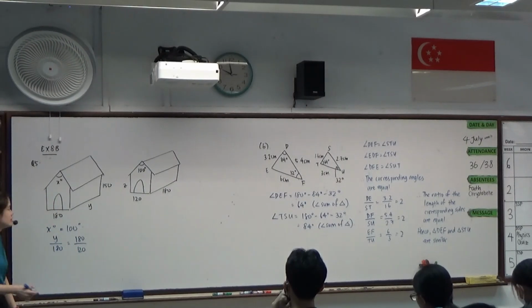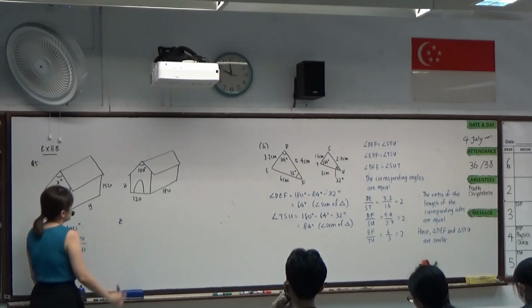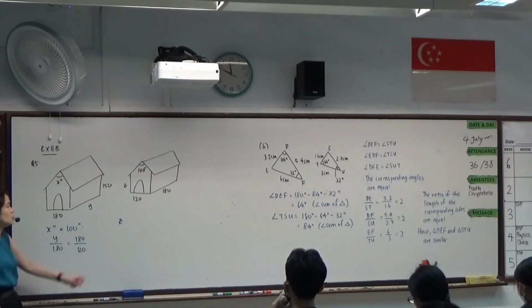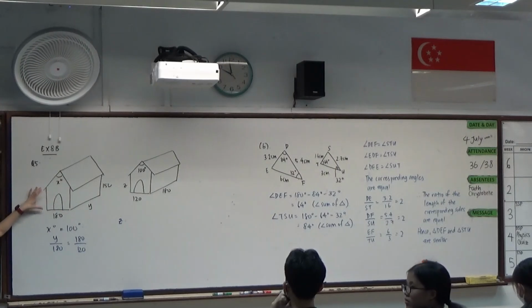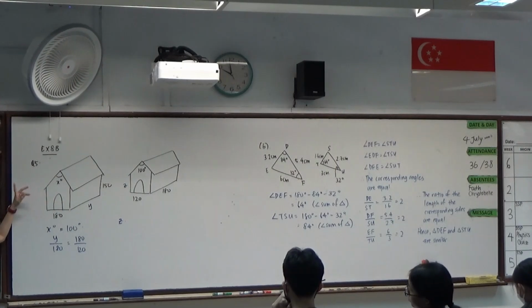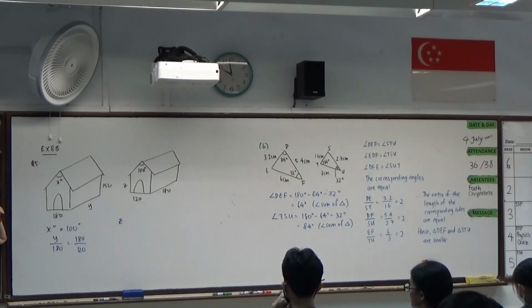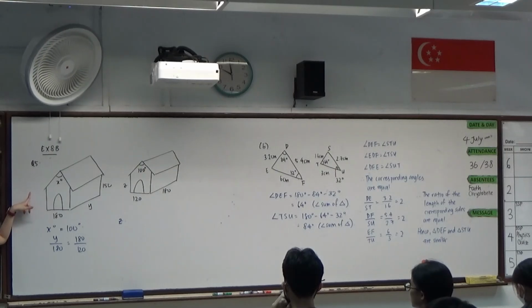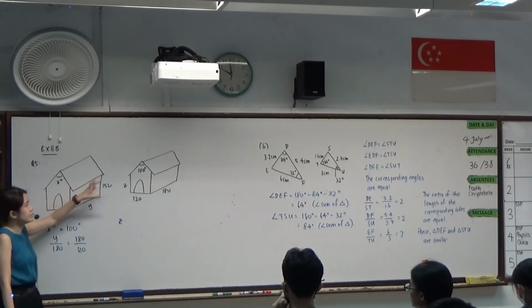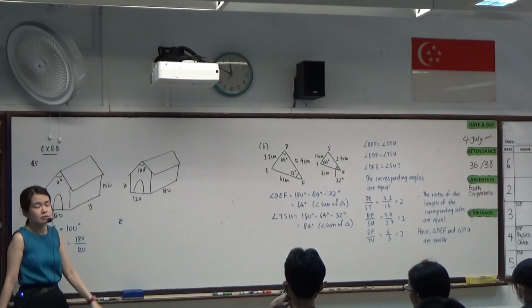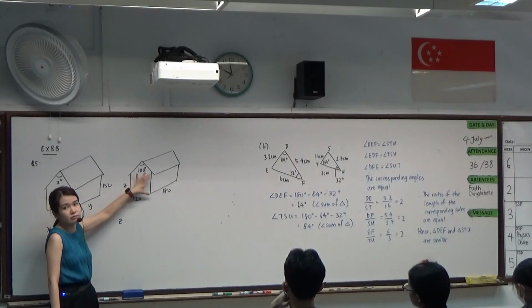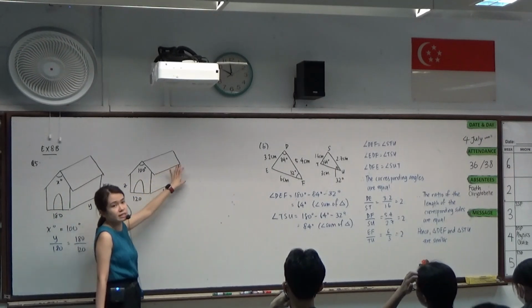Okay, next one, z. We want to find z. So z is this side over here. Notice that there's no information given over here. But let's use some common sense to think. This is a house. This length is equal to what on the same house? It should be equal to this length. It should also be equal to this length, right?